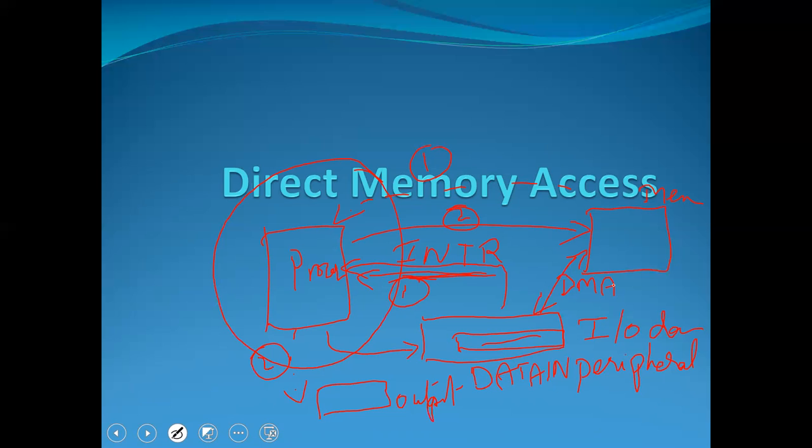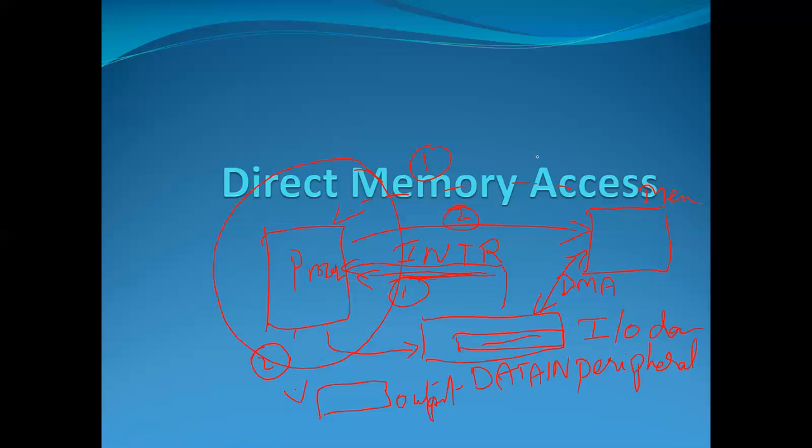It also gives the required information to the input output device so that the data is handled. We'll see what type of information is sent by the processor to the input output device for processing this direct memory access.